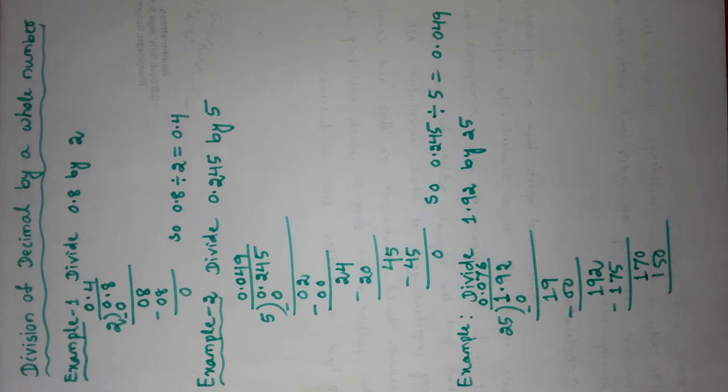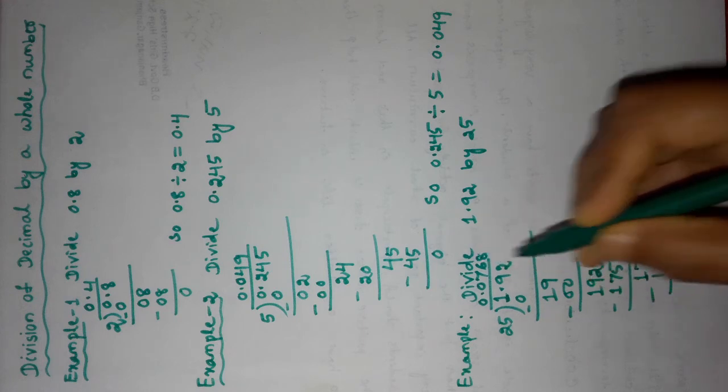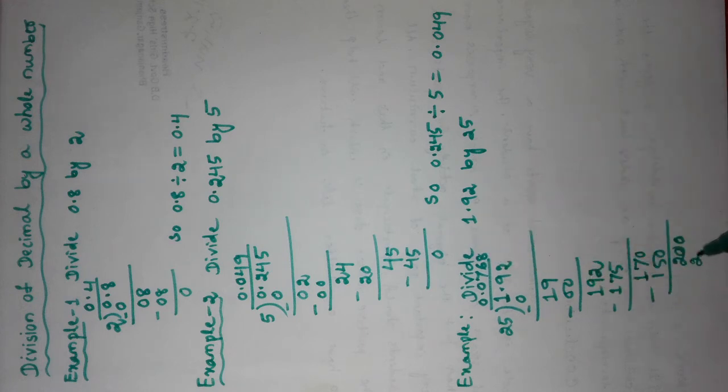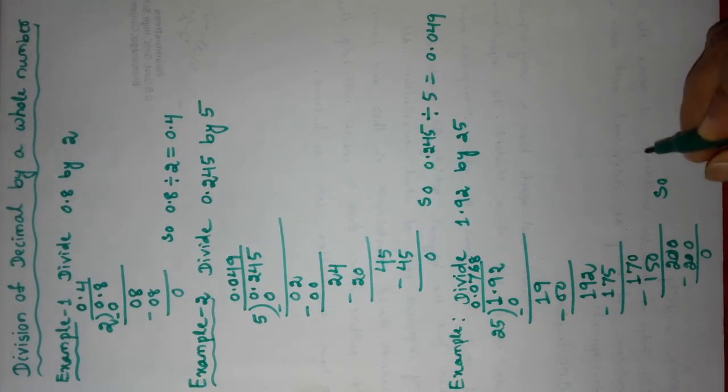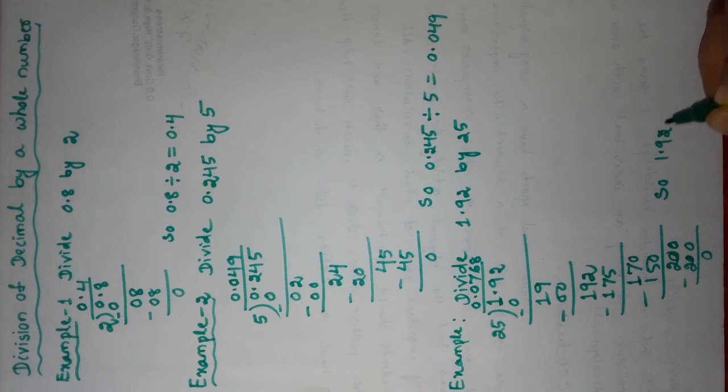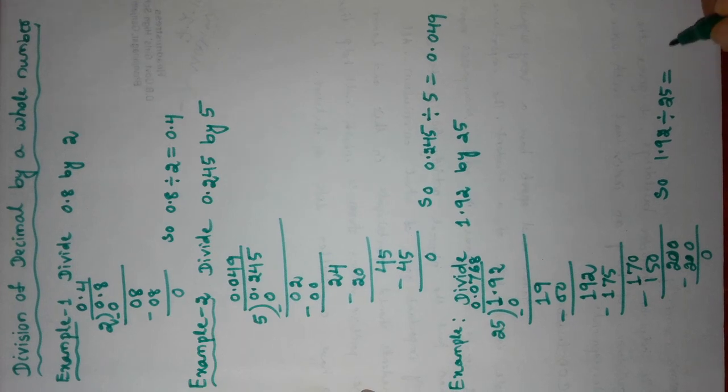Then subtract. Then put 0 with 20. It is 200. Then 25 8s are 200. And the remainder is 0. So 1.92 divided by 25 equals 0.